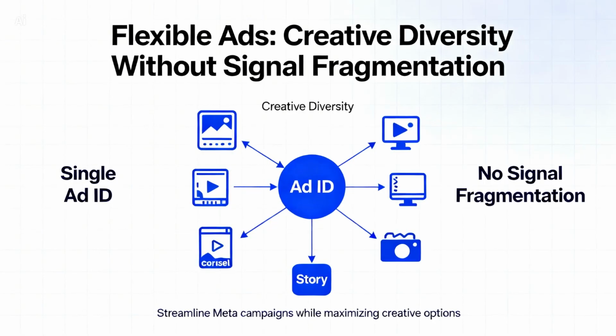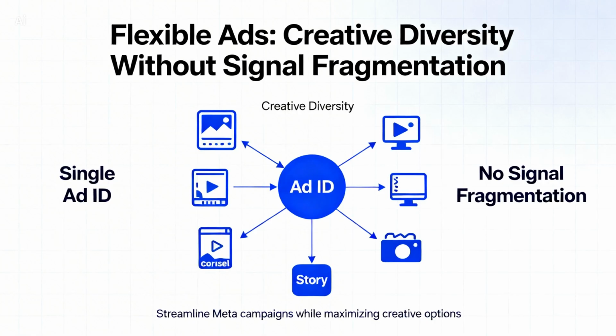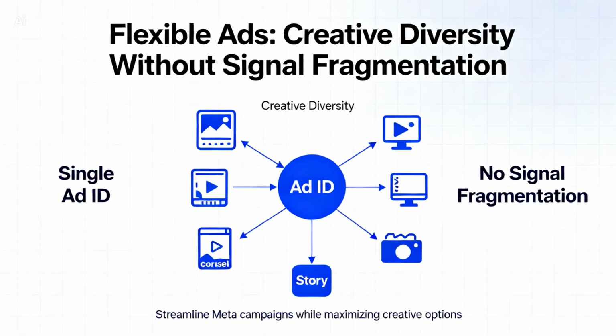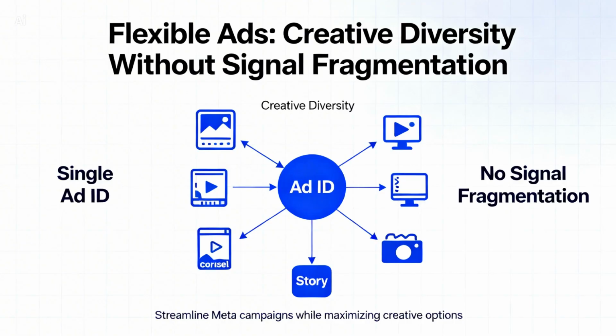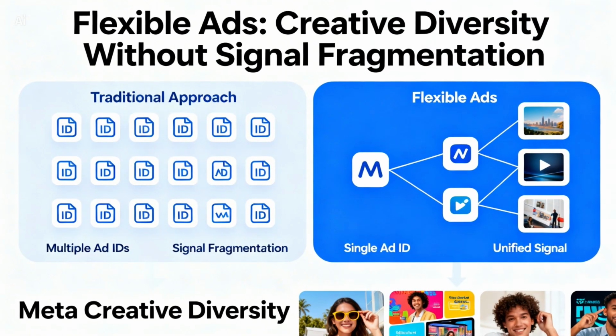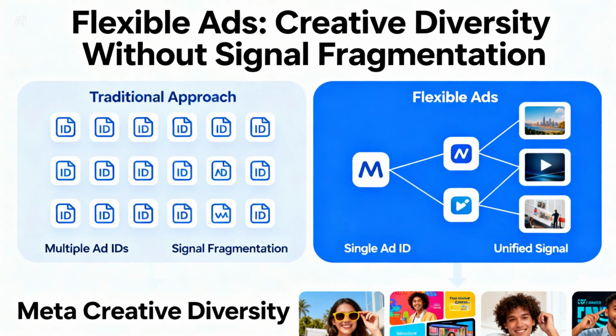This matters because Andromeda favors stronger consolidated signals. Meta now prefers fewer, stronger ad units instead of dozens of fragmented creatives competing internally. Flexible ads allow you to give Meta creative diversity without fragmenting your signal across multiple ad IDs. It's a structural adaptation to how distribution works.